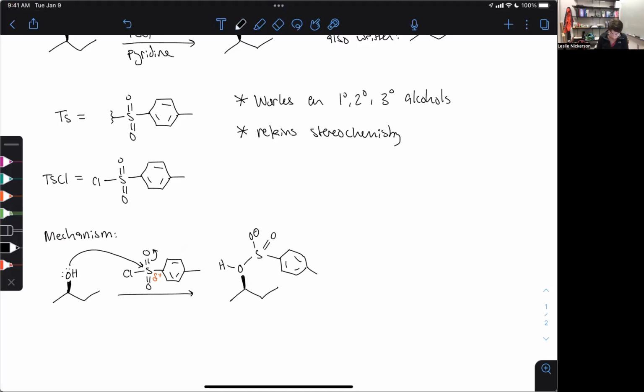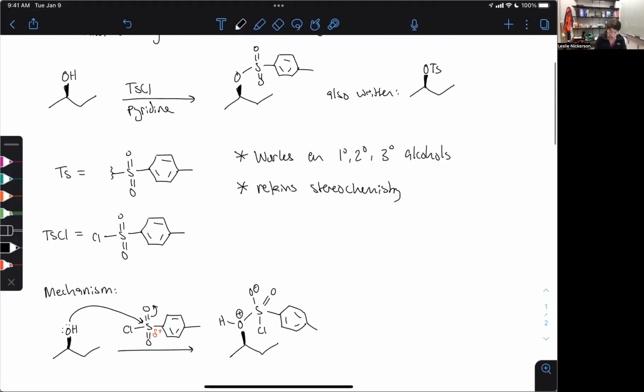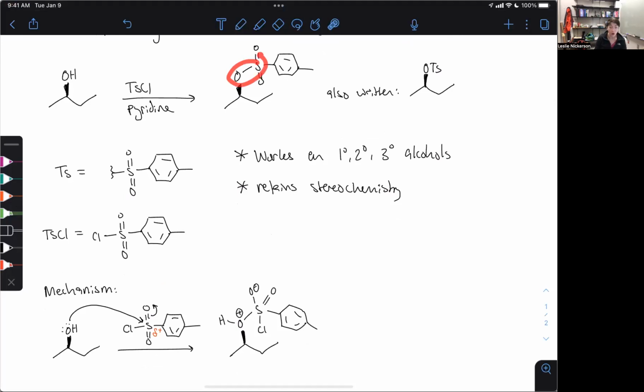Okay, so we're already starting to see how we're getting some of these bonds made. So we're looking to make the O-sulfur bond, and we've actually made that bond.